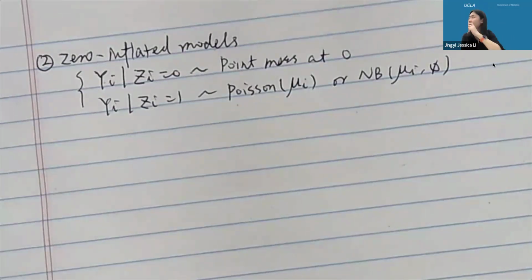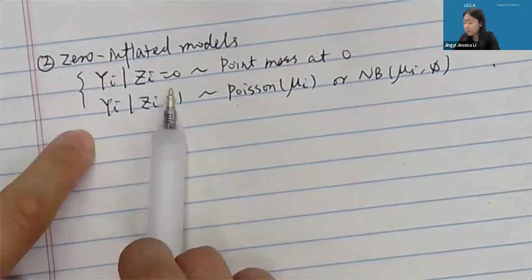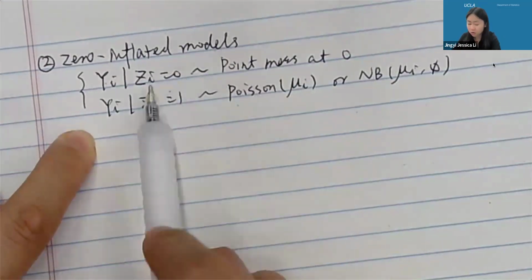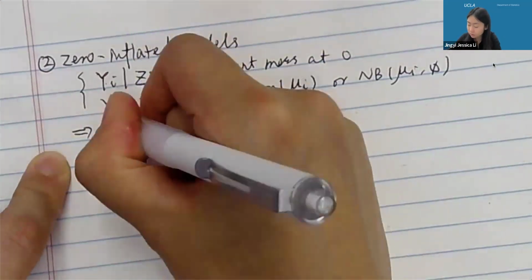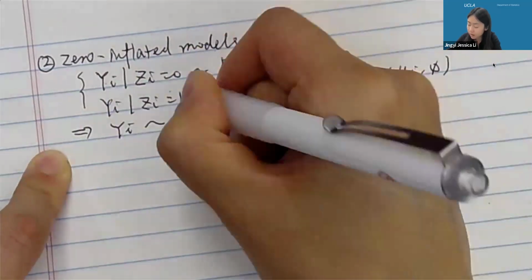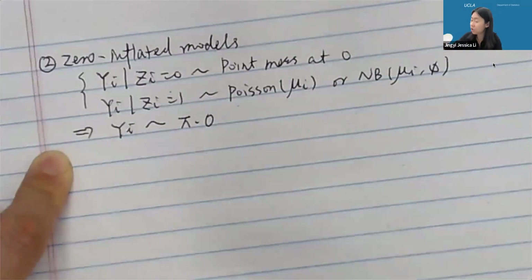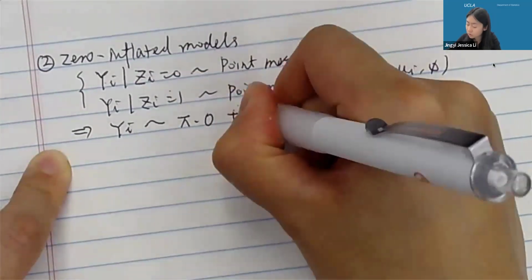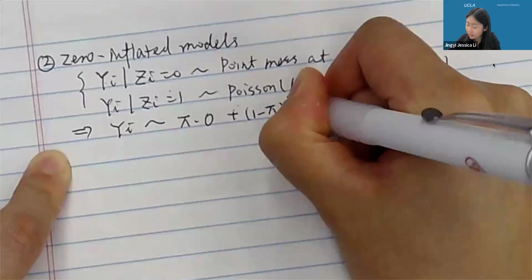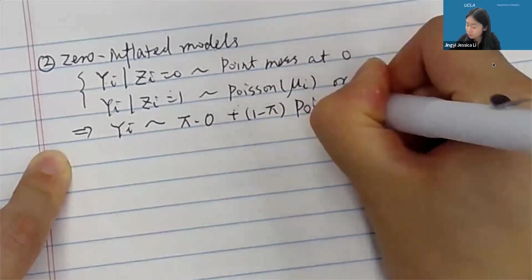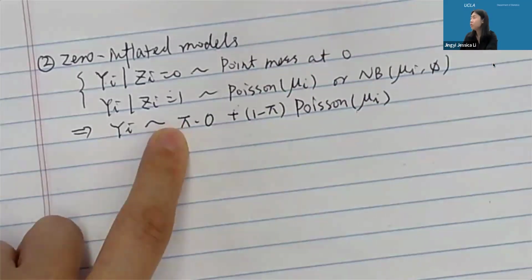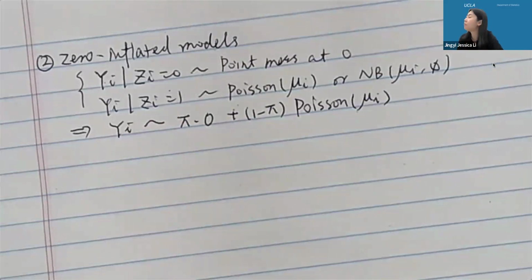So you see that for the zero-inflated model, you add the 0 component in addition to the zeros already in your model. So in this case, you must have zero inflation. The zeros are getting more.